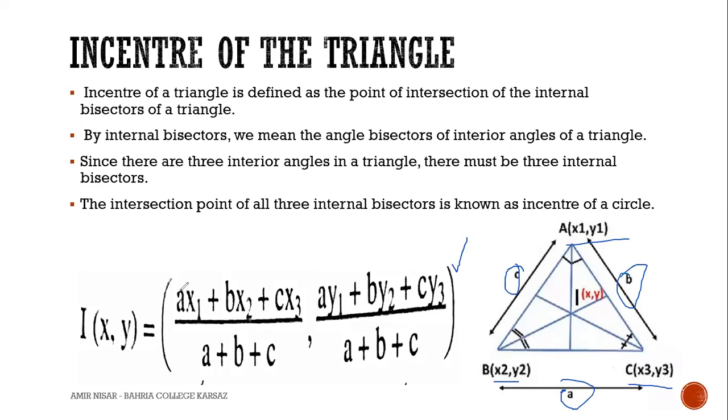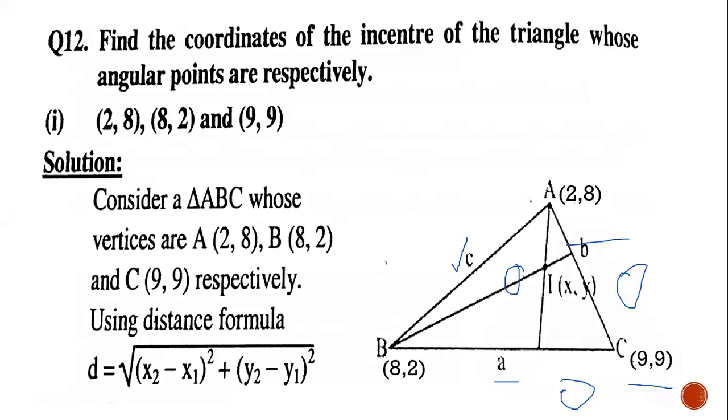Formula is (ax1 + bx2 + cx3) divided by (a + b + c), comma, y component is (ay1 + by2 + cy3) divided by (a + b + c). So we are going to see the solution of the question. Question number 8.